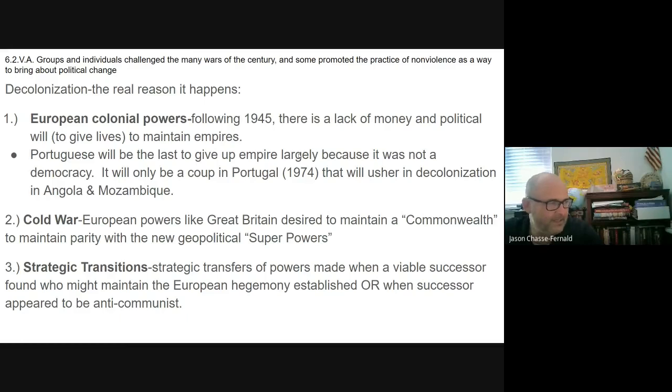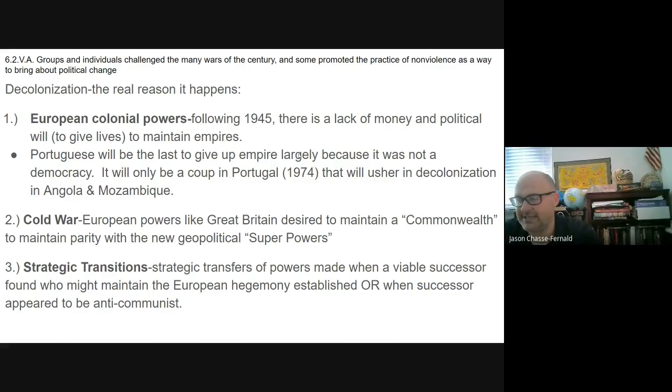All right. And number 3, strategic transitions. If you are in no economic position to maintain a colony, if you don't have the political will to maintain a colony, and you know that you need the United States' approval to maintain a colony, then maybe you need to start looking for a viable successor, right?